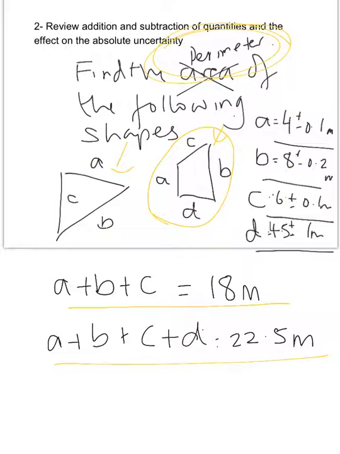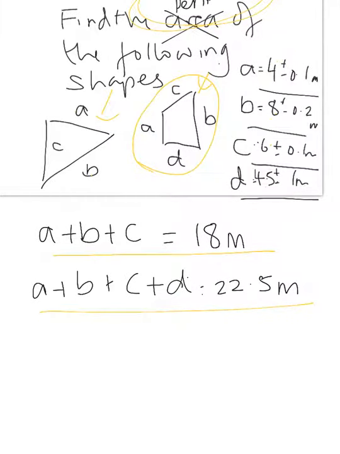So that's your first step. Now we're going to find the absolute uncertainty, and we have to apply the rule. The rule is delta A plus delta B plus delta C, and for the second part you would add delta D, but this is for the quadrilateral.